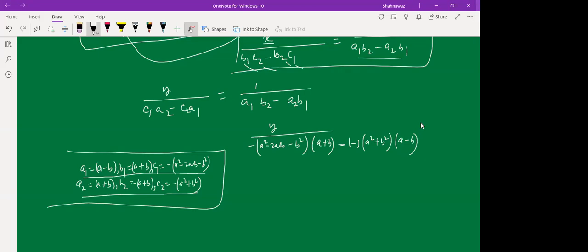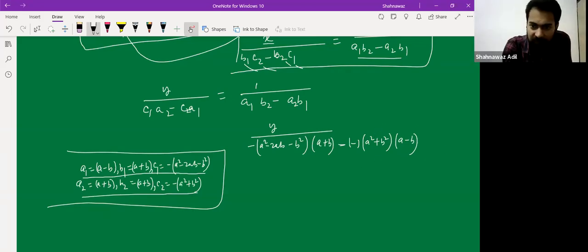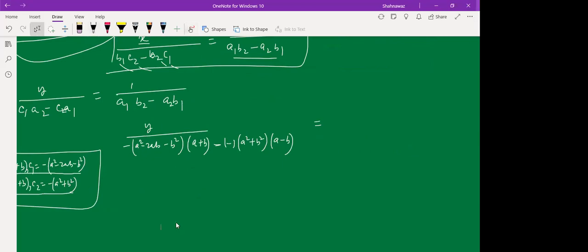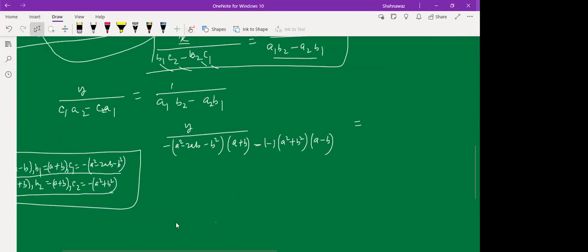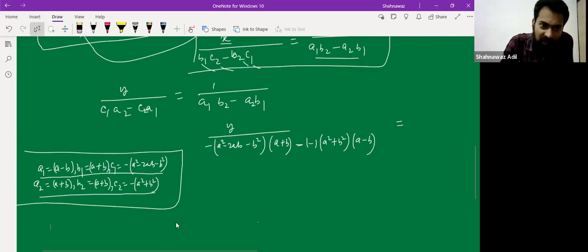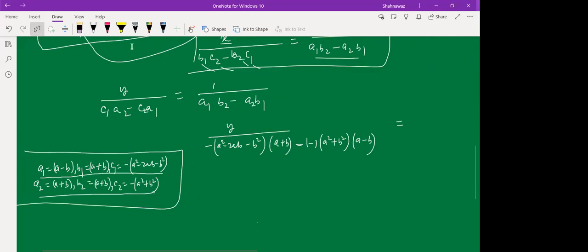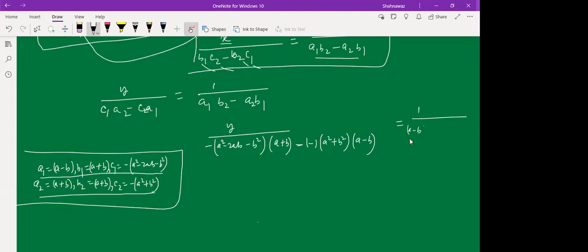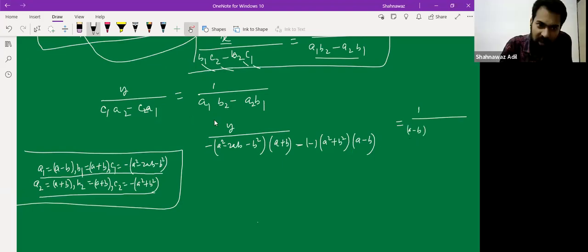Right, and which is equal to what? A1 is what? A1 is A minus B, right, Adil? Yes. And B2 is what?